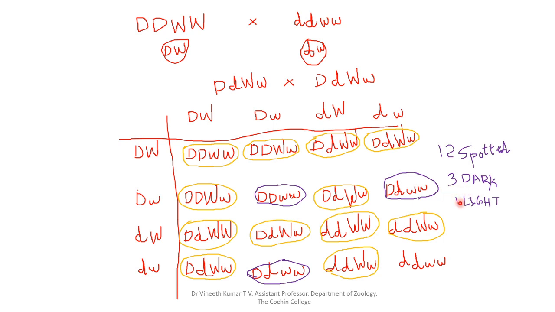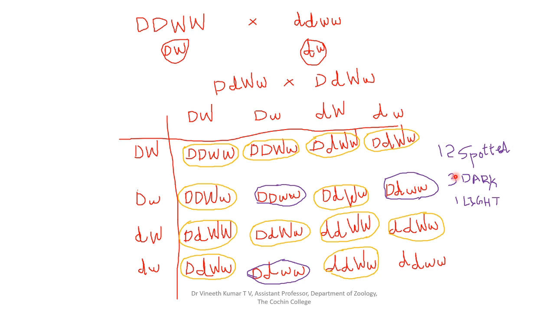So what is happening here is, whenever this capital W is present, that is in these 12, or these 12 spotted ones are examples of what is called epistasis.